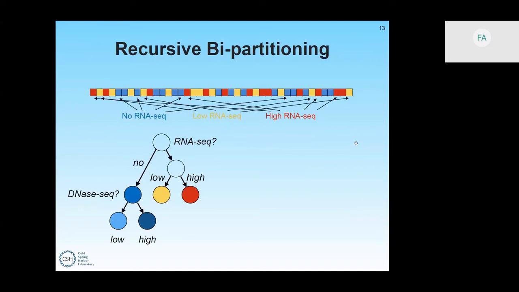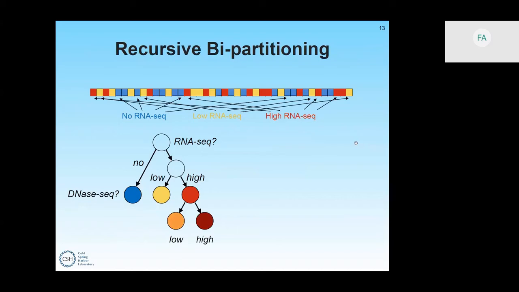We could either take the blue sites, the no sites, and split them into the ones that have low DNA-seq and the ones that have high DNA-seq, or we could do the same for the low RNA-seq sites or the same for the high RNA-seq sites. And we'll find the one that leads to the most reduction in entropy, the most informative clustering from an evolutionary point of view, and choose that as our way of further partitioning the sites.